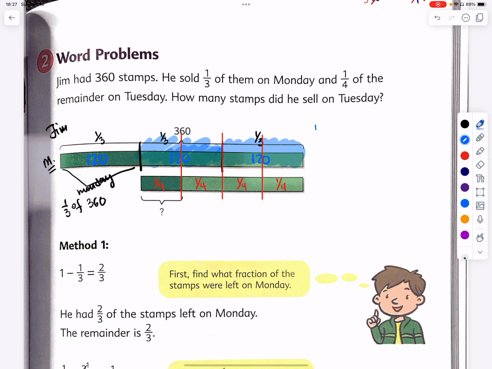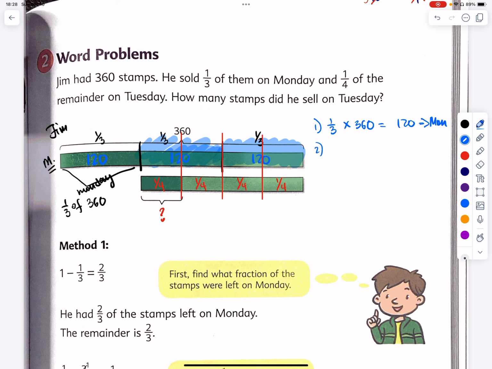Let's begin. So how many stamps did he sell on Tuesday? So this is the question, right? Step 1. First of all, what happened on Monday? Of course, we know 1/3 of 360 was sold, and that's 120 stamps. Step 2. What happened next?